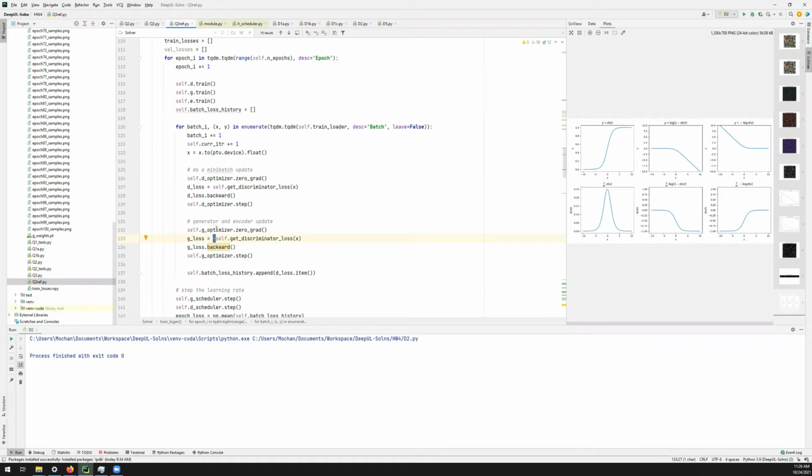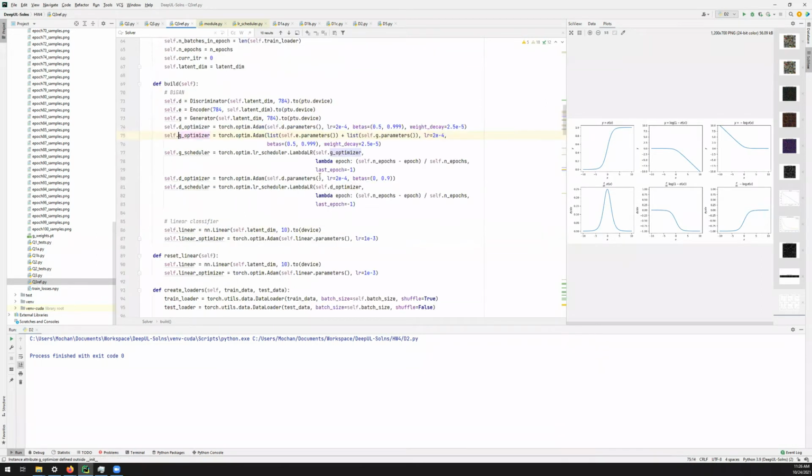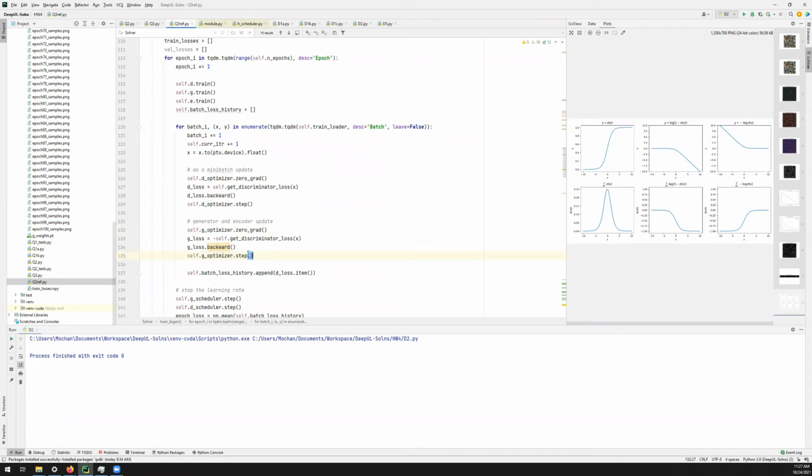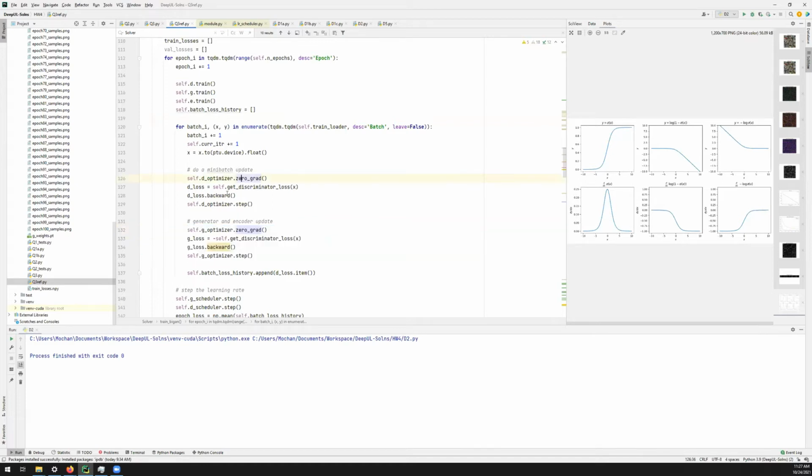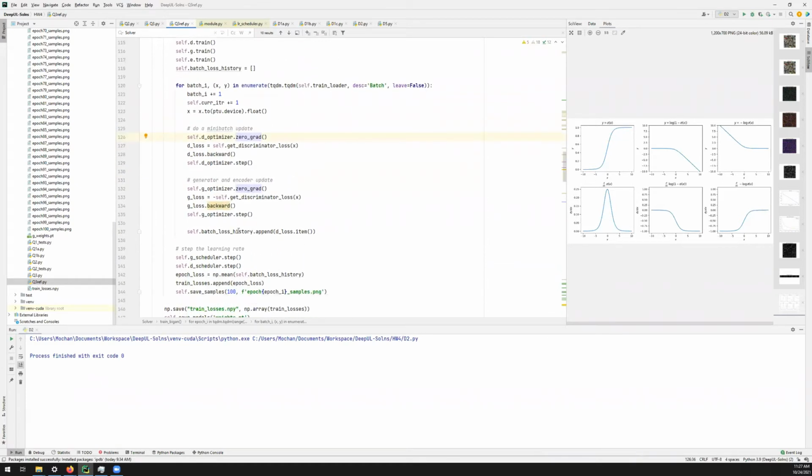The other thing is the G optimizer. When we look at it, it optimizes both the encoder and the generator parameters. So both of them are added here. This loop updates both of them, the generator and the encoder, so it's one-to-one updates, and then after each batch.